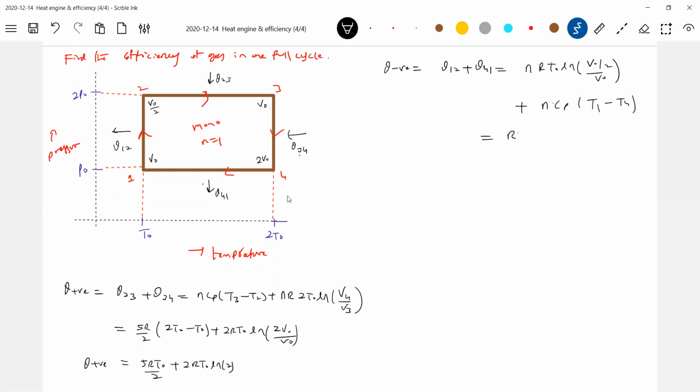Number of moles 1, T naught log of 1 by 2, so this will be minus log 2. Number of moles 1, 5R by 2, T1 minus T4. So minus R T naught log 2.